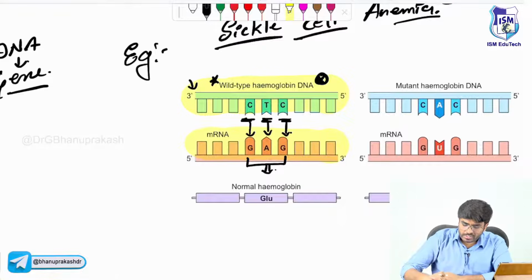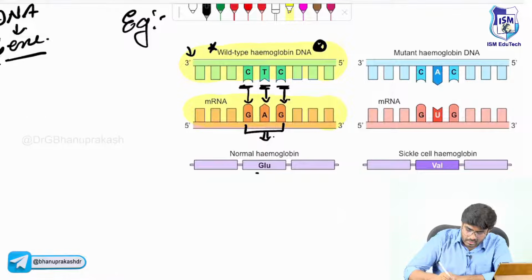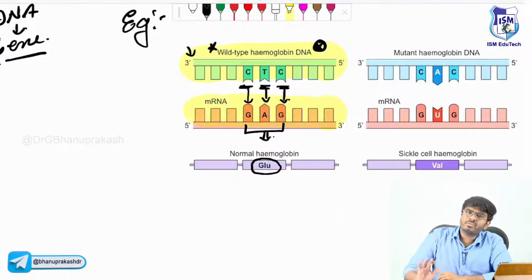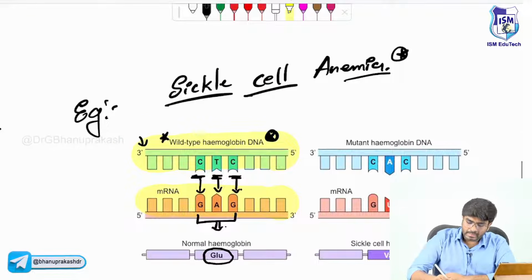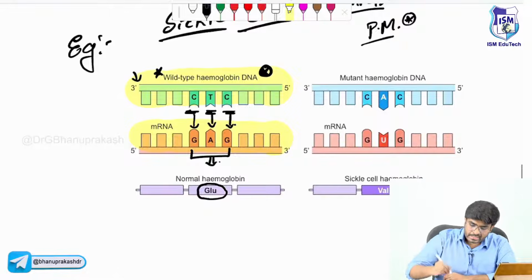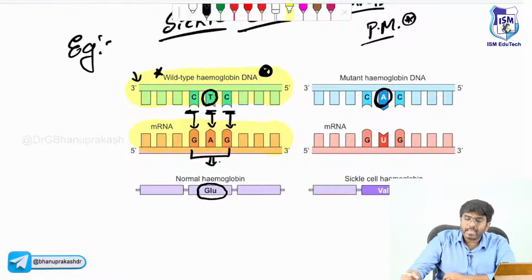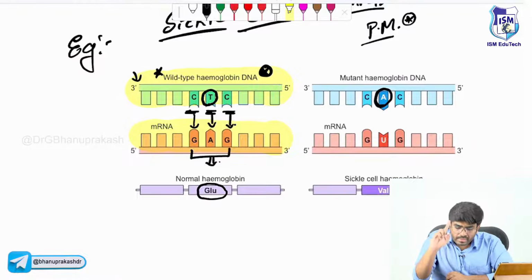This GAG codon is coding for glutamic acid. So in the hemoglobin, there is glutamic acid present. Now, what happened in sickle cell anemia? Point mutation. In the place of T, A came: thymine is replaced by adenine.